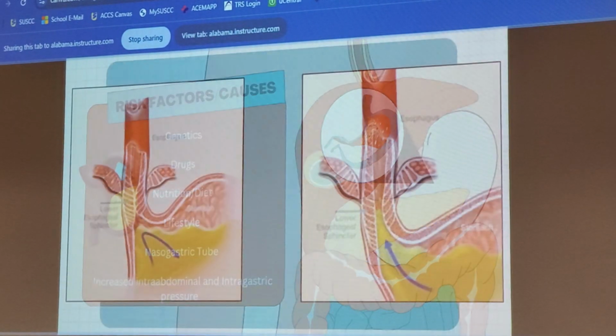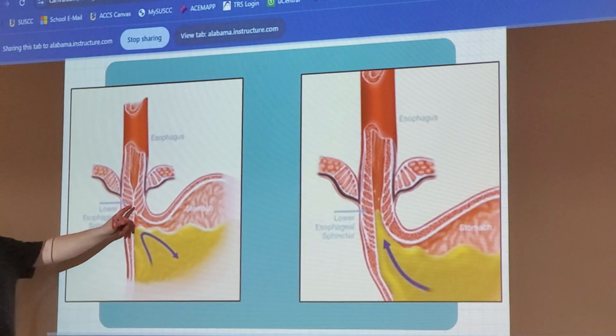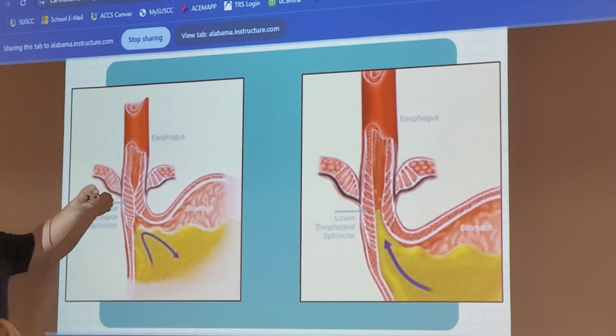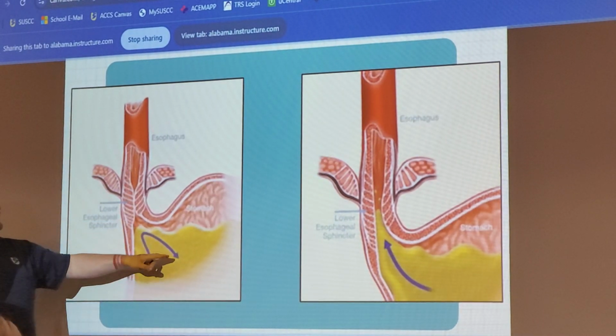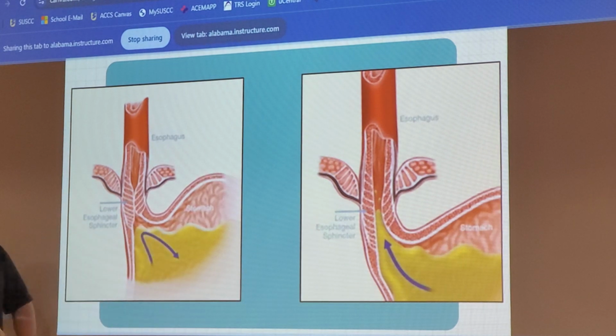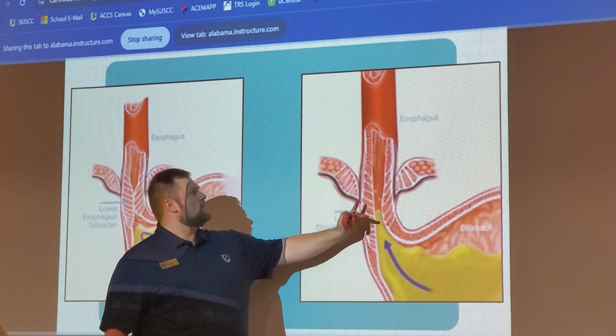So I have a slide right there. Like I said, here's your lower esophageal sphincter holding tight, holding it closed, allowing for that stoppage, not allowing for backflow of gastric contents. When that sphincter is open, that's when we're going to have that reflux.